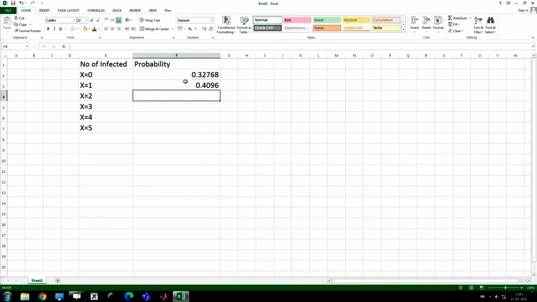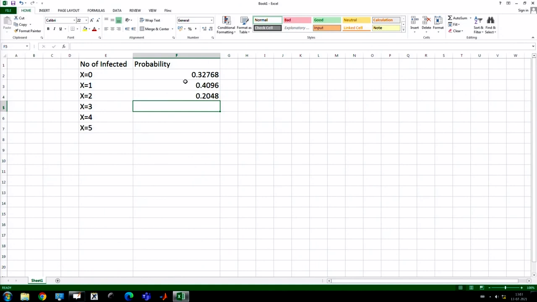This is the value we are going to get. What about 2 getting infected? Now it is 5C2, which is 10, into 0.2 power 2, and 0.8 to the power 3, because 3 persons are not infected. So the probability is going to be 0.20 something.